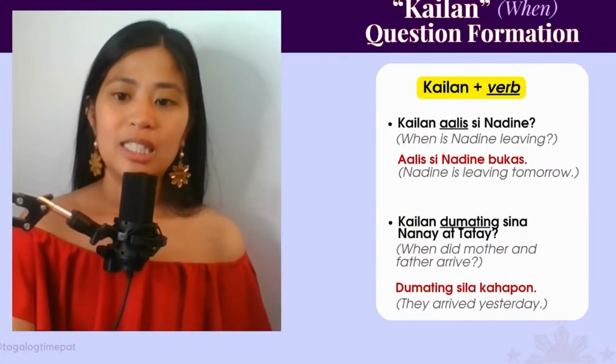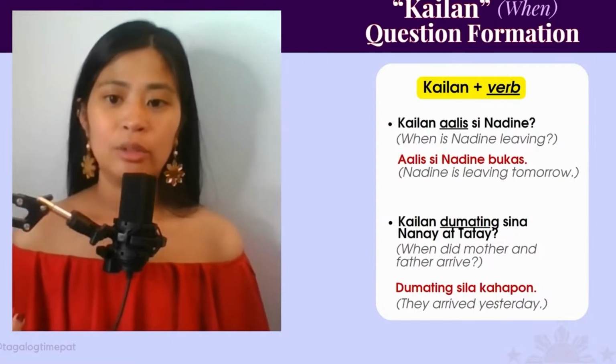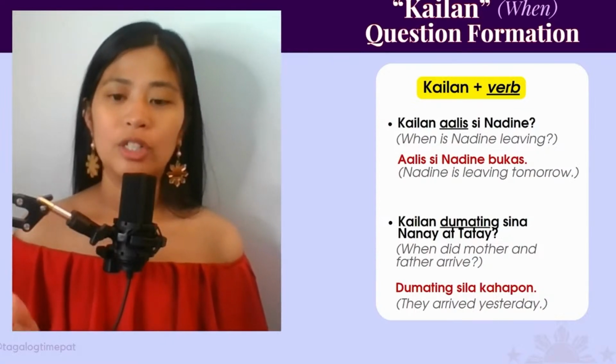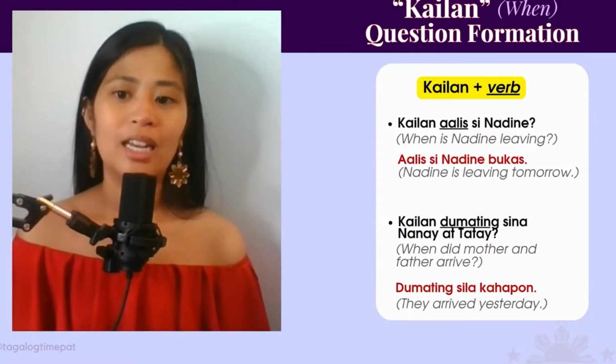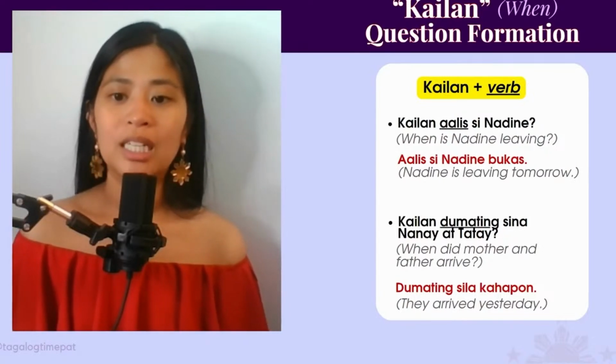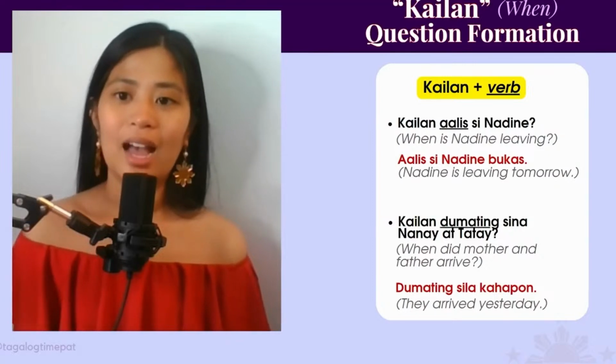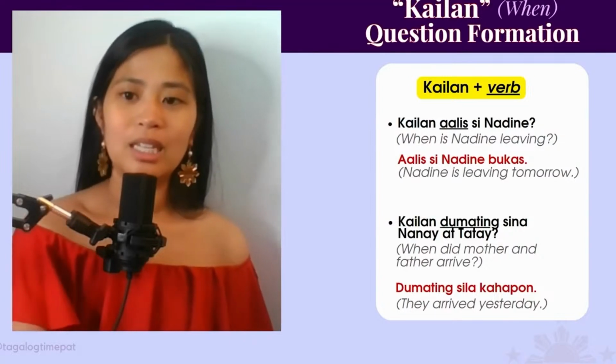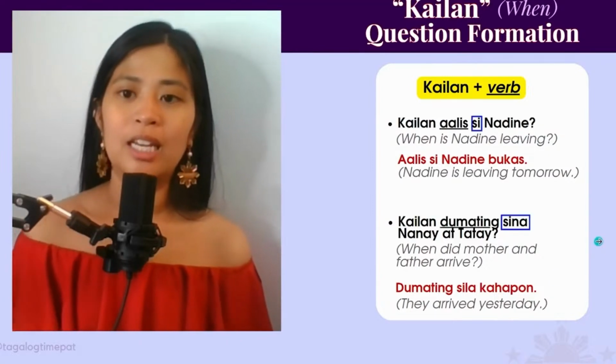So if we were going to say nanay and tatay in the response, we would use sina again. For example, dumating sina nanay at tatay kahapon. But if we're just using the pronoun, it's dumating sila kahapon. Okay, so that's how you would use kailan in a verb.